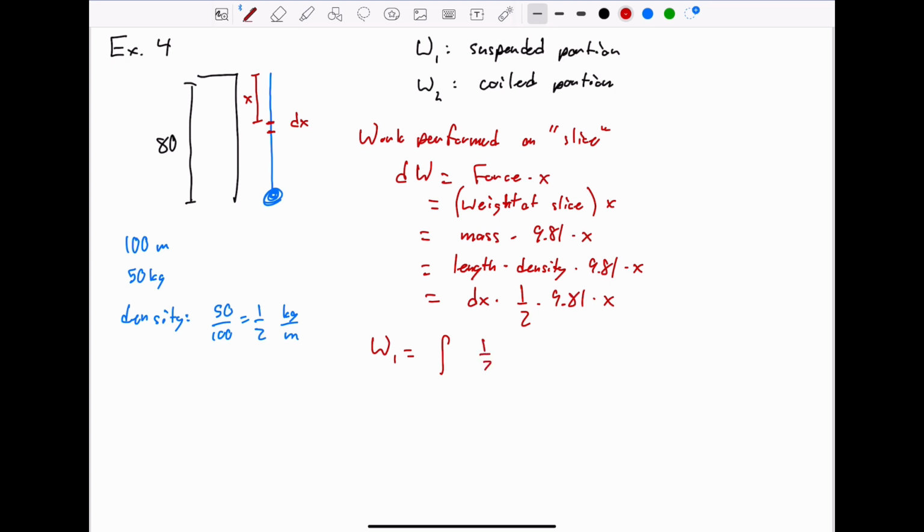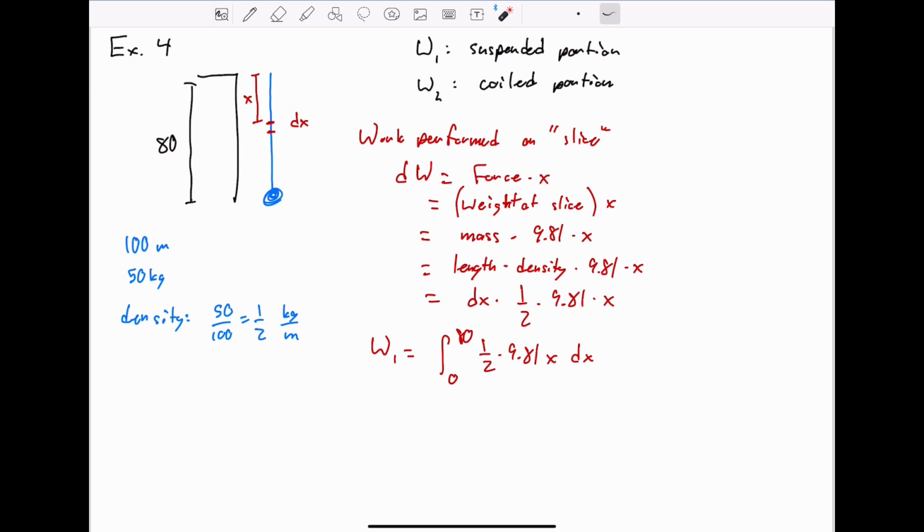So we integrate 1/2 times 9.81 times x, integrating with respect to x. And the limits of integration are going to be now from 0 to 80. That gets all of the small slices of chain throughout the entire chain. So we integrate from 0 to 80. That's the amount of work performed for the suspended portion of chain.